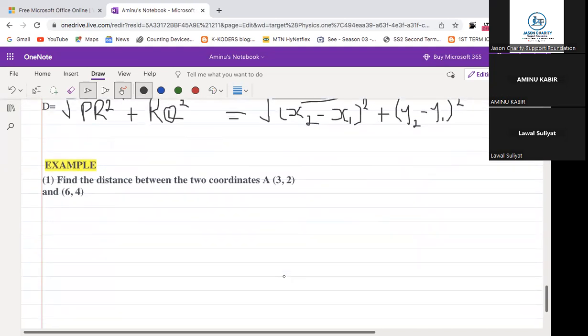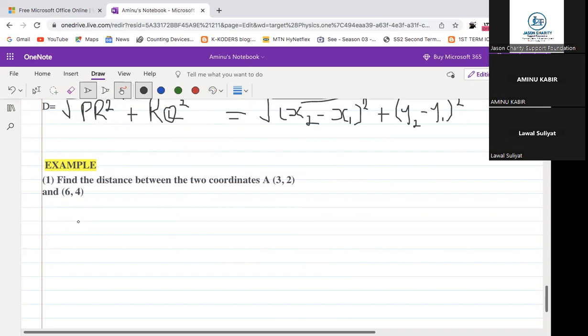Just like we have an example here, the example says we should find the distance between 2 points, 2 coordinates, which is A, which is 3, 2, and point B, which is 6, 4.